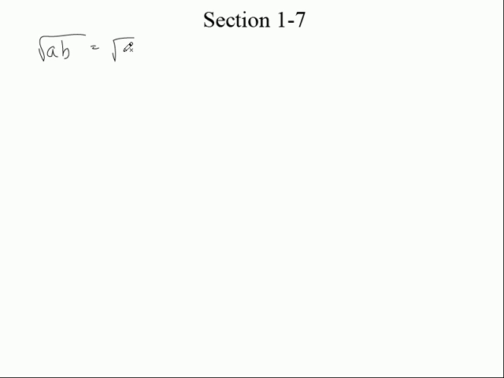But for multiplication, you can go the square root of A times the square root of B. Everybody see that? If I had the square root of A over B, same thing, except it's division. It's the square root of A over the square root of B. Those are the two main ones I'm going to deal with right now. In fact, I'm really just concentrating on that one right there.